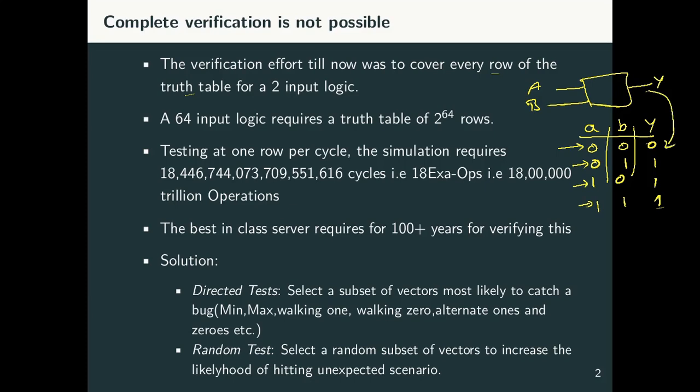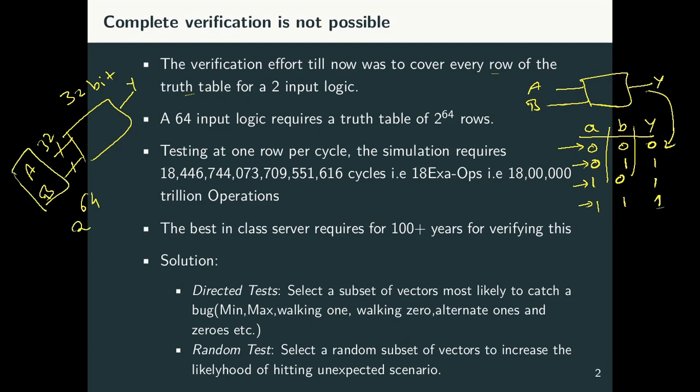If we adopt this method for verifying any kind of non-trivial design, or even a simple design, say a 32-bit adder, we have on our DUT input A and input B, where each input is 32-bit wide, and an output Y. So now our total input A and B is 64 bits. To iterate over all the possible values of A and B, we would require 2 to the power 64 rows in our truth table.